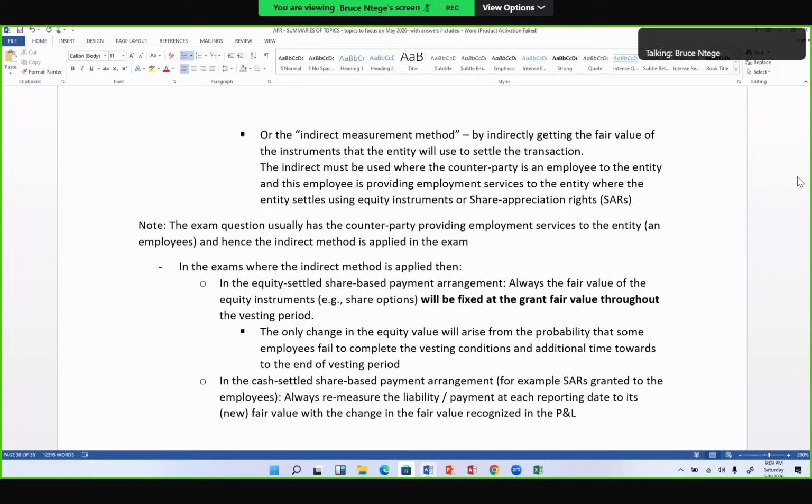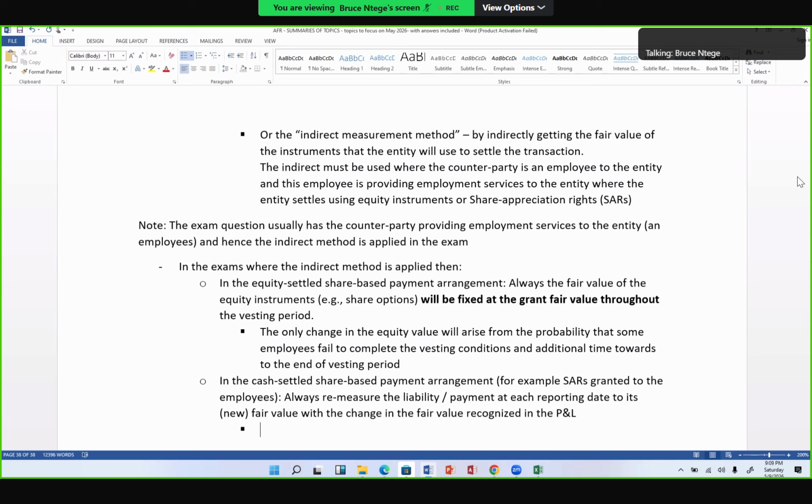That change is what makes a P&L entry, which we call a share-based payment expense in the P&L. Now, to the extent that some employees complete the vesting condition and go ahead to be settled with those share appreciation rights, then on that settlement, we may have an additional expense, which will be based on what we call the intrinsic value.